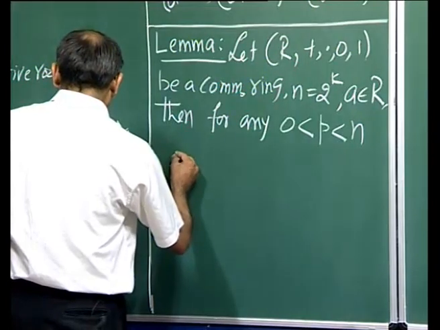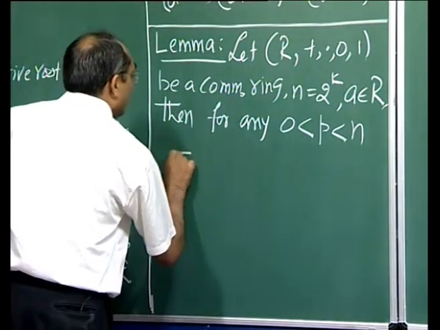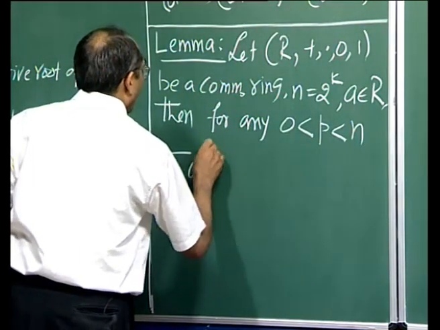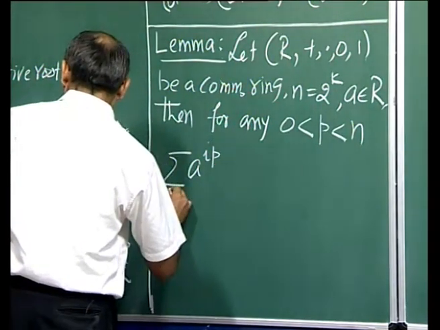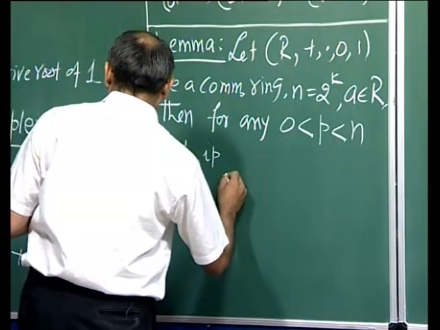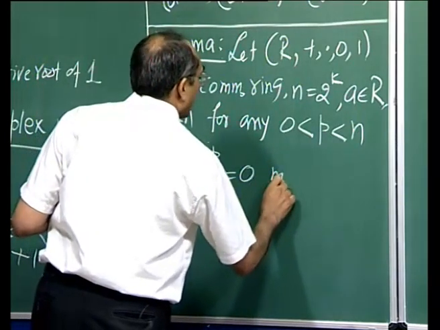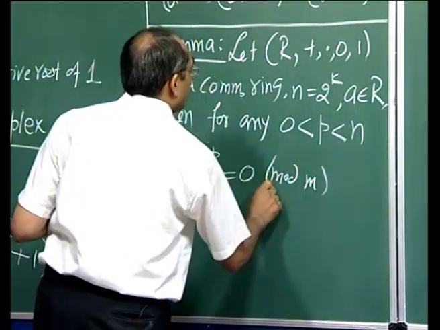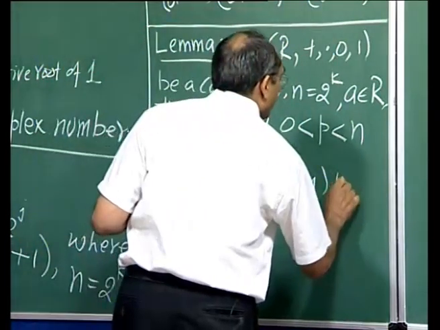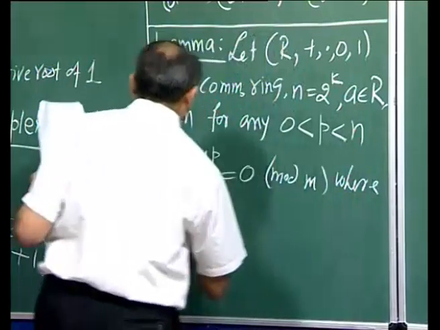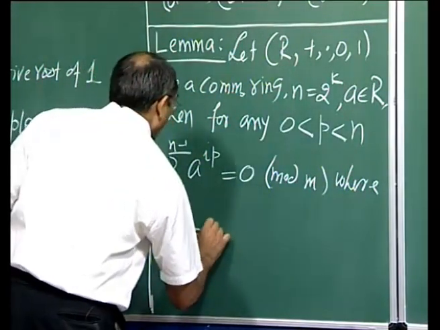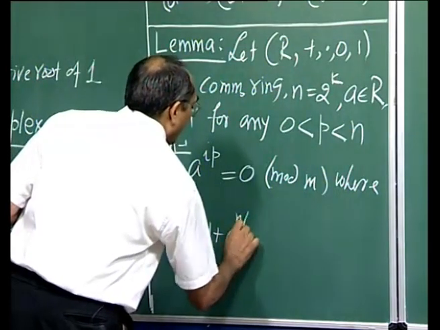Then we claim that the sum of a to the power i p for i going from 0 to n minus 1 is 0 mod m, where m is 1 plus a to the power n by 2.